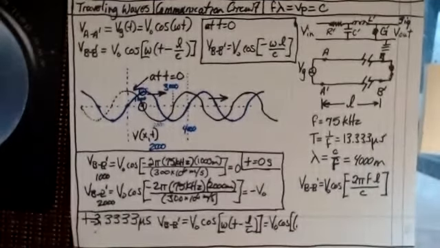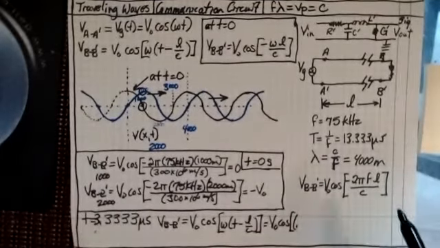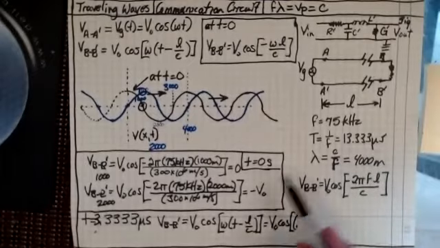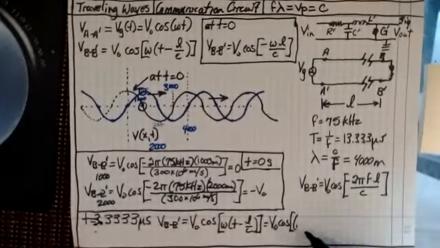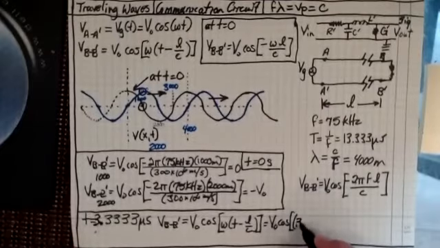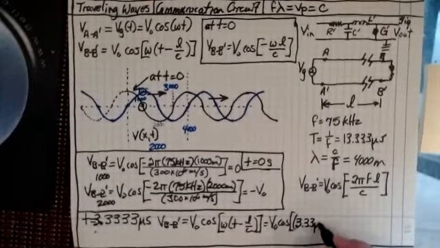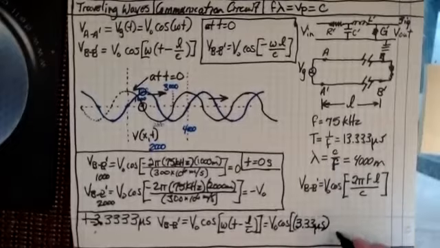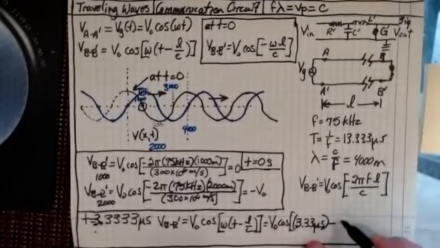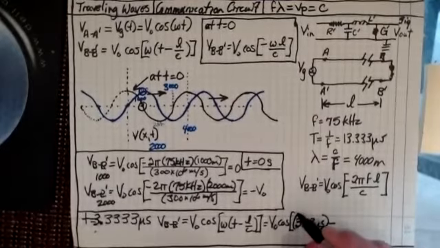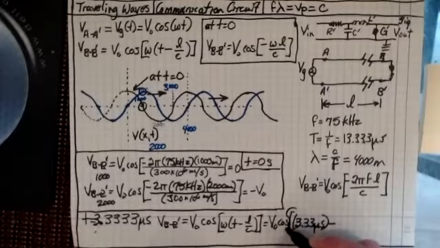Sorry, I'm sure everybody saw that way before I did. That's right. 13.3 divided by 4 is 3.33 microseconds. So that is 3.33 microseconds minus L. I should probably put another bracket there, shouldn't I?